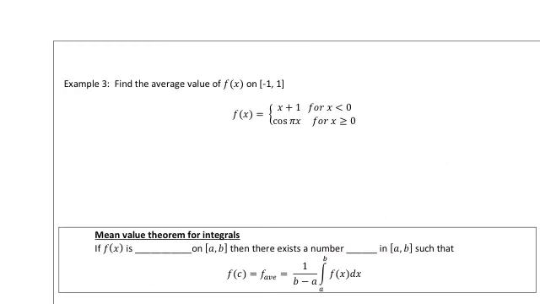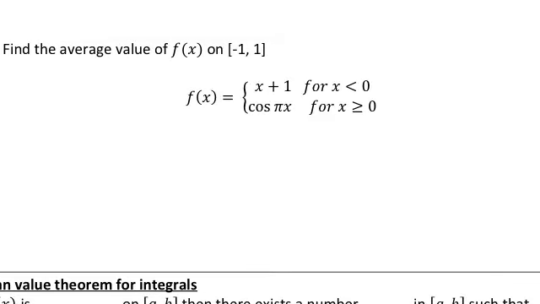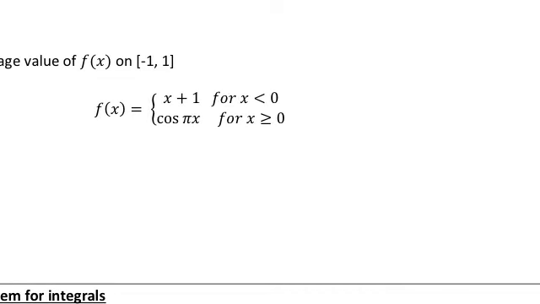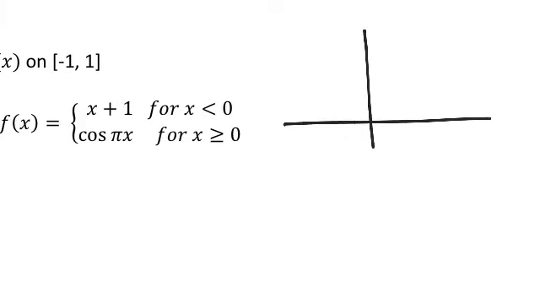So here we are trying to find an average value of a piecewise function. Here's a piecewise function, and this one happens to be not too bad to sketch. We have x plus 1 is the graph for x less than 0, so that's just a line. And then on the other side, we have cosine of pi x, so that thing will have an amplitude of 1 and a period of 2 pi divided by pi, or 2.